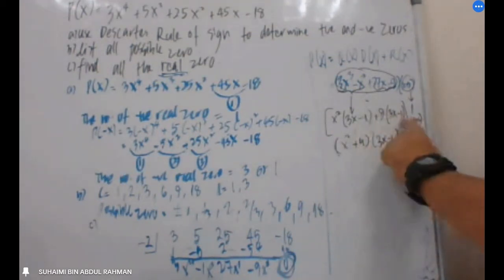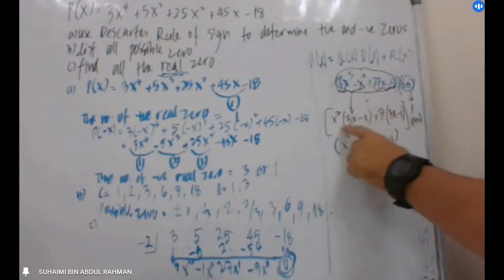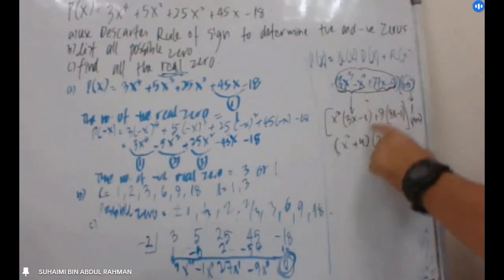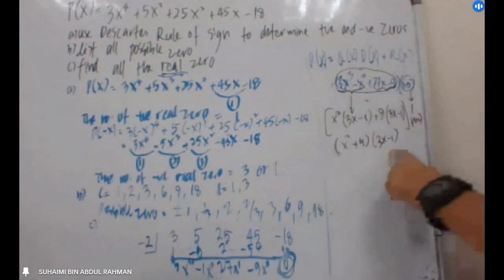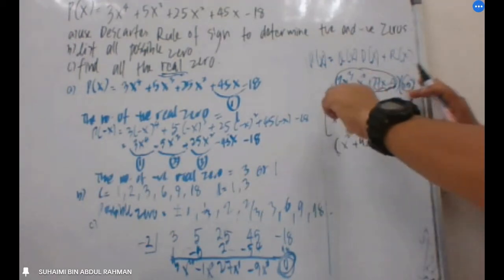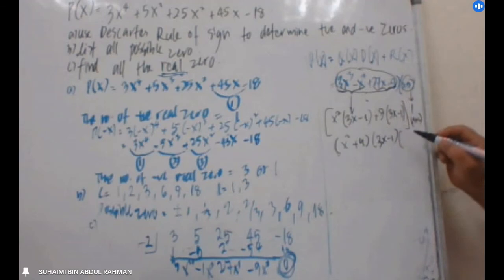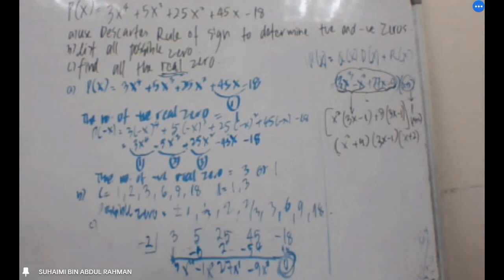Remember that when these two terms are the same, we can do it like that: x squared plus 9 multiplied by 3x minus 1. And this part multiplied outside our bracket is always x plus 2. There. We don't do anything.